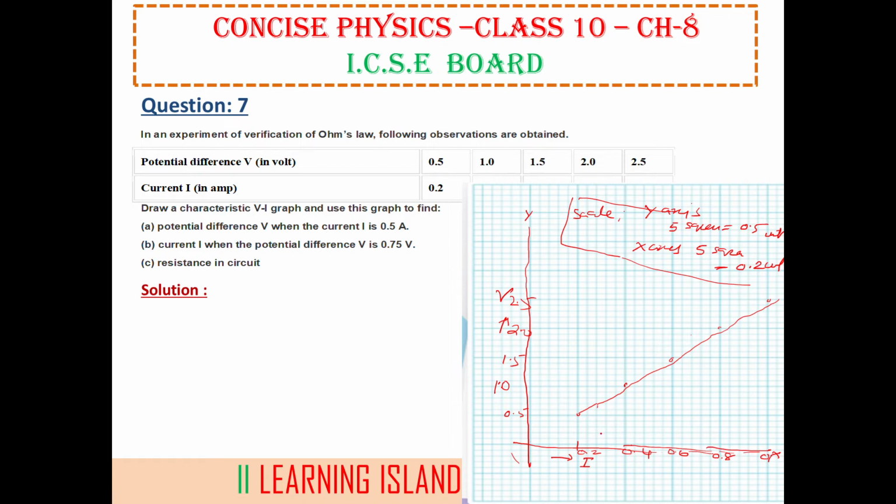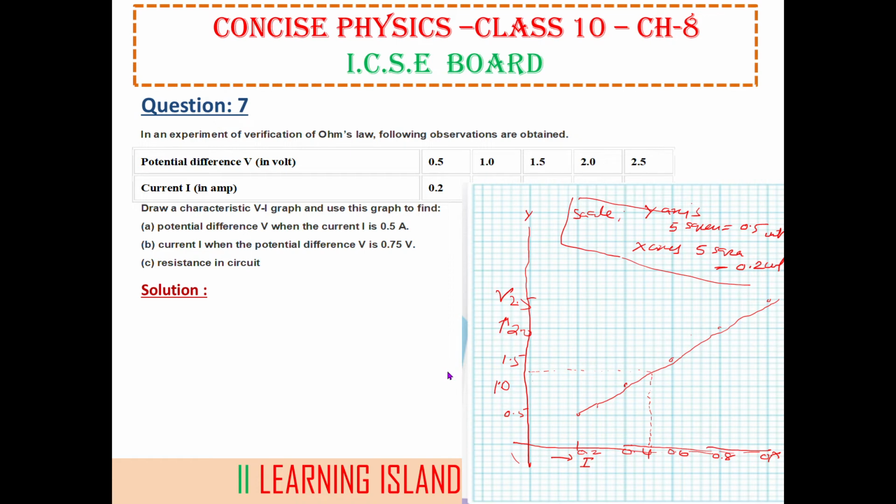When the current is 0.5, see here this is 0.4, so 0.5 will be here. If I go in this direction, this line will touch here, and from here if I go in this direction, the point will come here in the middle. Because every 5 units represent 0.5, every 1 unit represents 0.1, so that is 1.1, 1.2, that is 1.25.